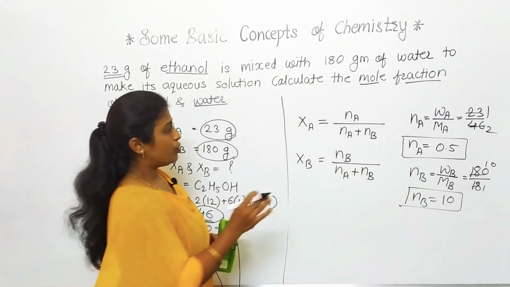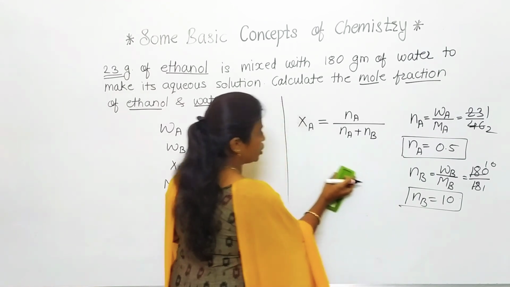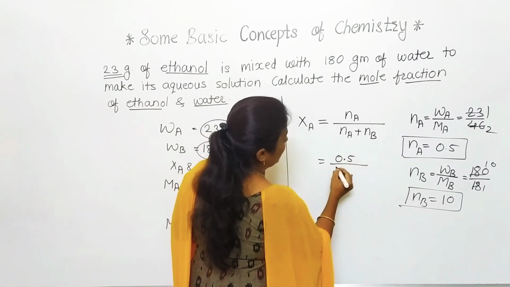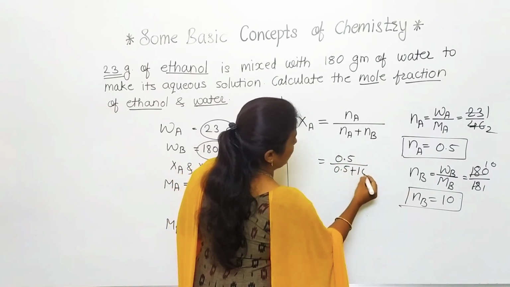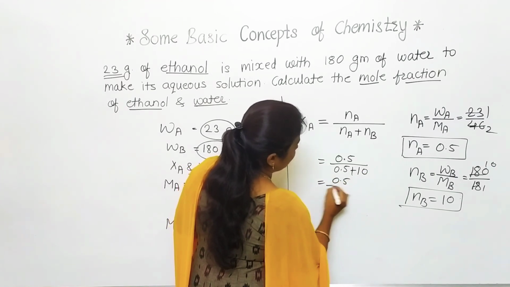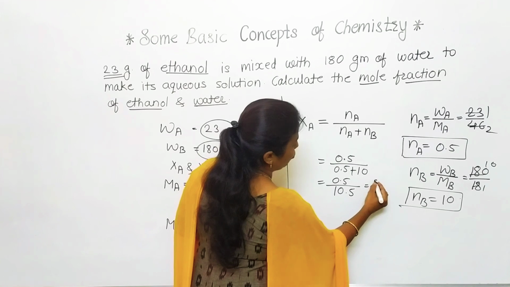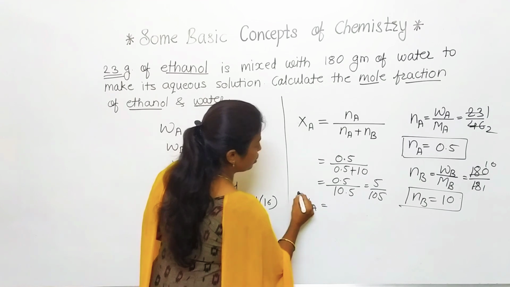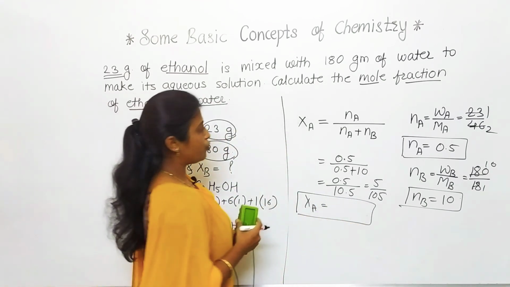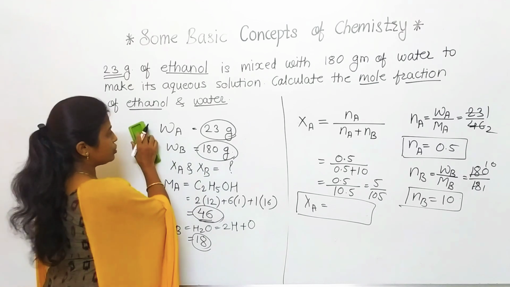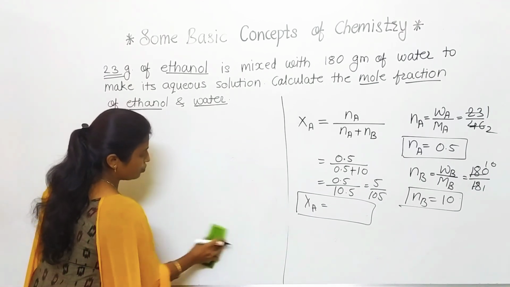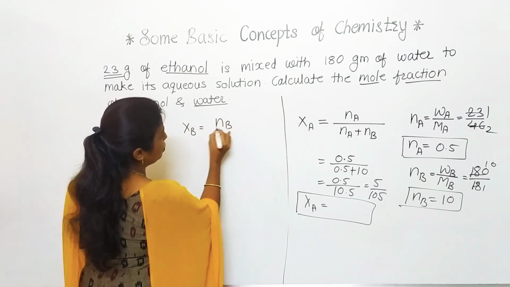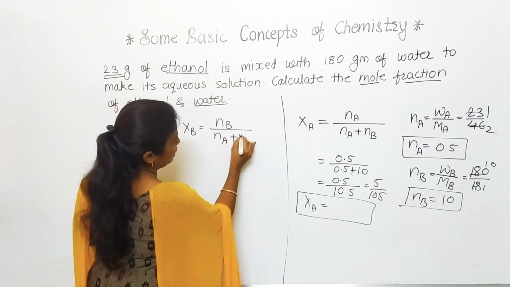Clear to everyone? Now we are going to calculate the mole fraction of solute. Na is 0.5, divided by Na plus Nb, 0.5 plus 10. So 0.5 divided by 10.5. After this calculation, you will get the mole fraction of the solute. Now we calculate the mole fraction of the solvent: Nb divided by Na plus Nb.